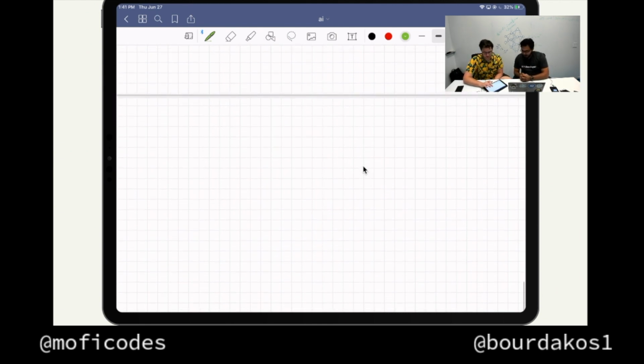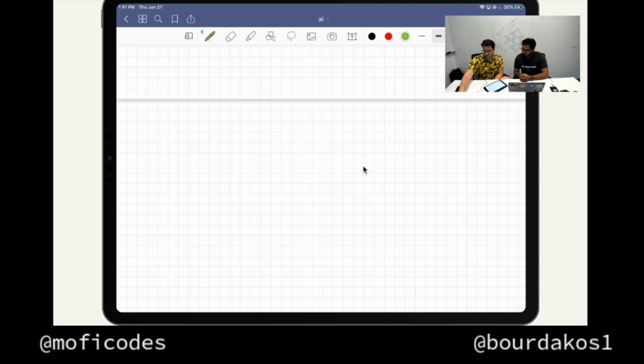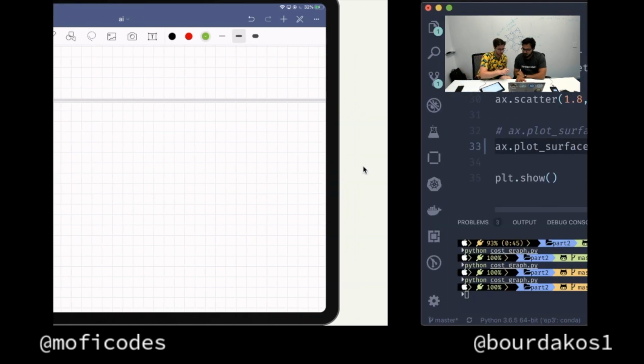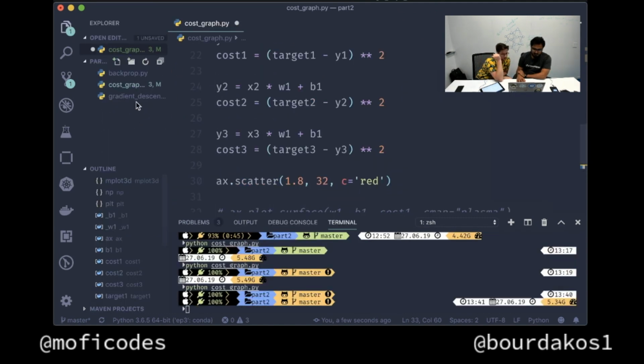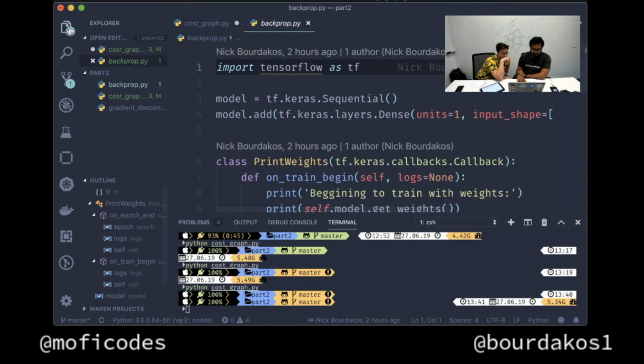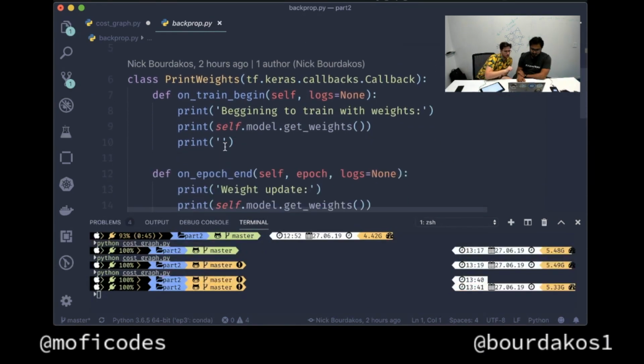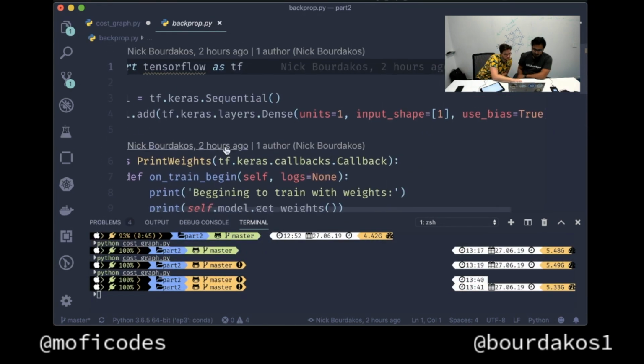All right. So let's go back to this example with our Celsius classifier. If you open up the code, can you open up the file Backpropagation? Okay.